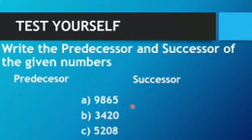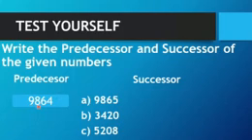Okay, so let's see. The predecessor of 9,865. Guess what? Yes, it is 9,864. Very good. The answer is correct.